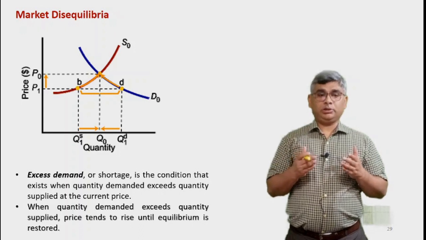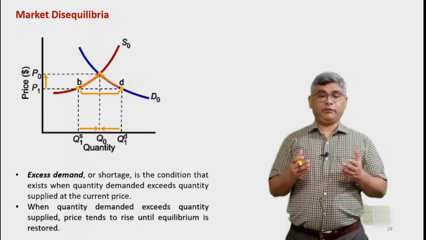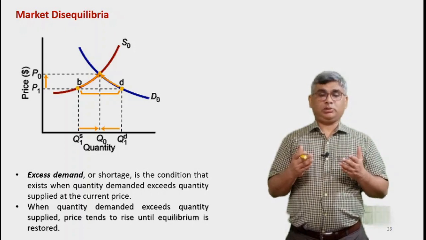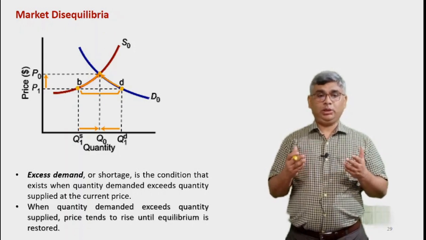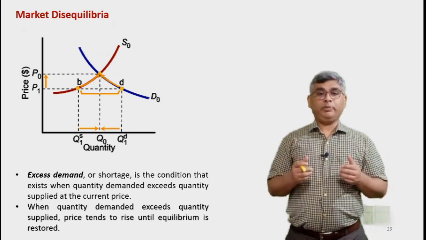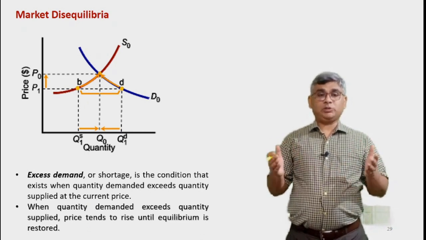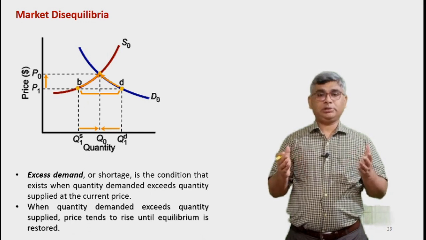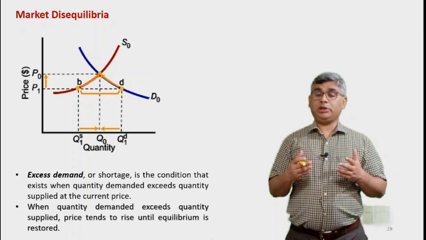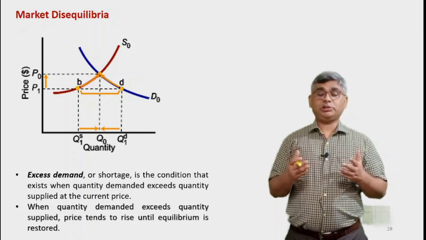And the point B reflects the supply quantity Q1S. The difference between B and D denotes a mismatch between the demand and the supply.